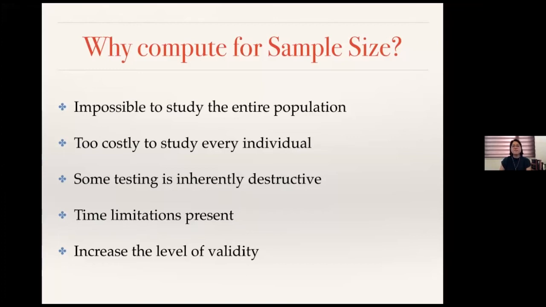And then we have to compute sample size because we want to increase the level of validity. So through sample size, we can manipulate the level of confidence as well as the power of our study. The terms level of confidence and power, I will explain to you later.